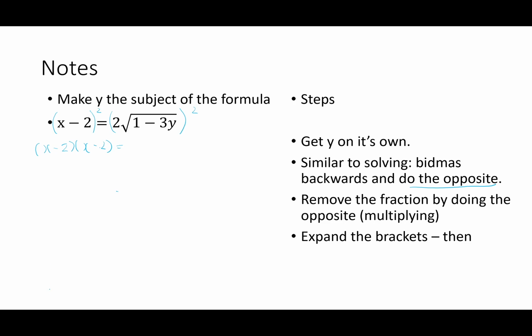Now, if you are unsure, please review expanding double brackets. But take it from me, the answer is x squared minus 4x plus 4. And that's equal to, on the right hand side, we're multiplying 2 by root 1 minus 3y.